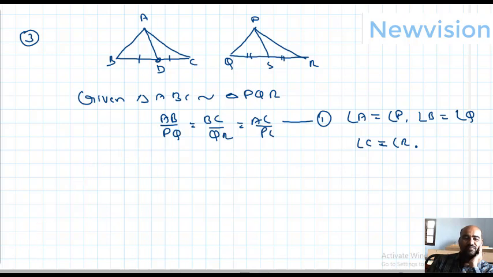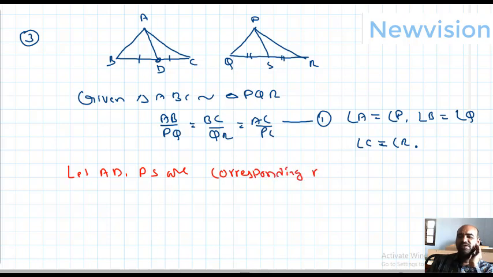Okay, next step, let AD, PS be corresponding medians. Now you want to show that the ratio of corresponding medians is in the ratio of corresponding sides.